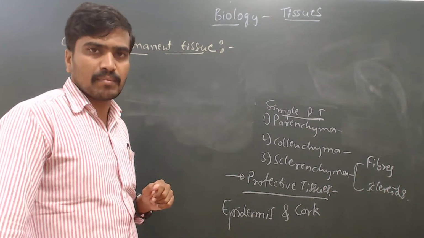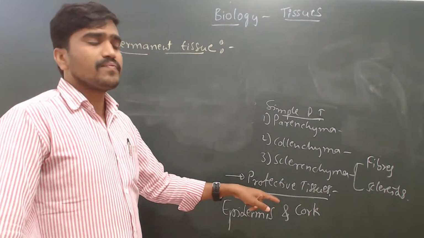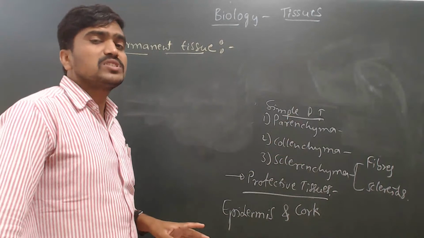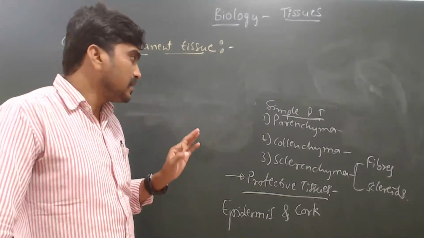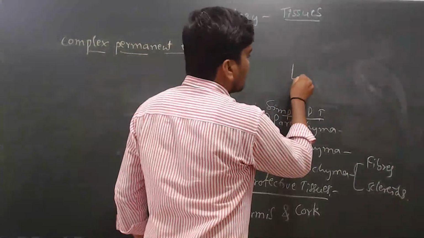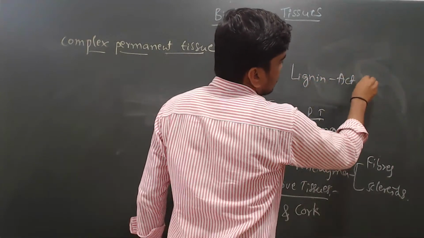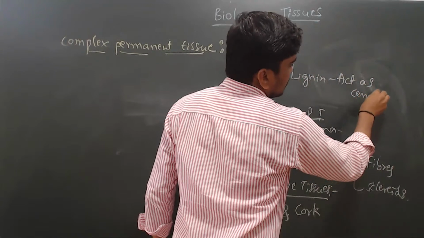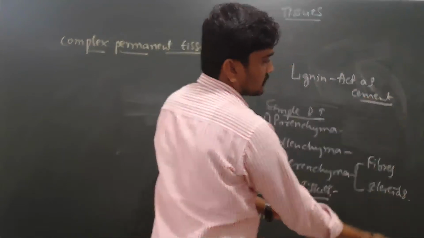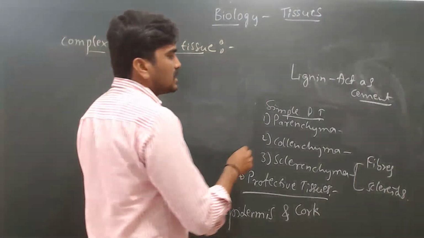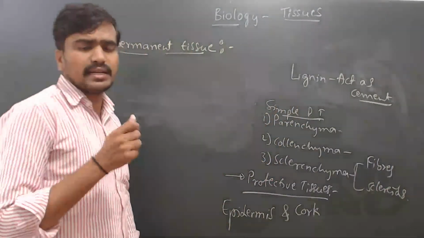Also, the cell wall is made of lignin, and that lignin acts as a cement. So this is about parenchyma, collenchyma, and sclerenchyma, the types of simple permanent tissue.